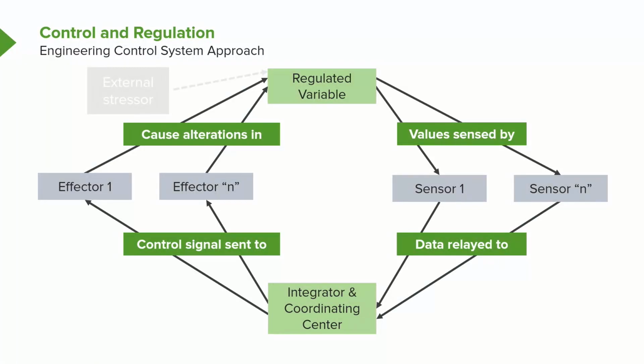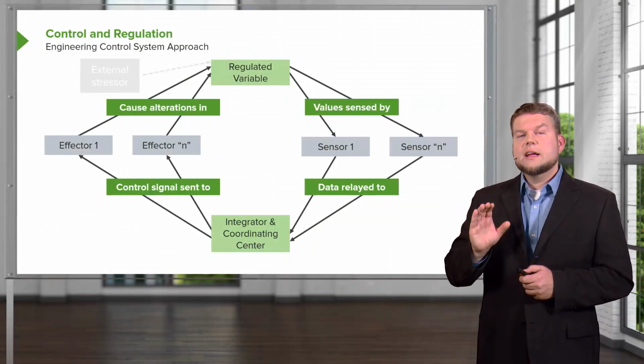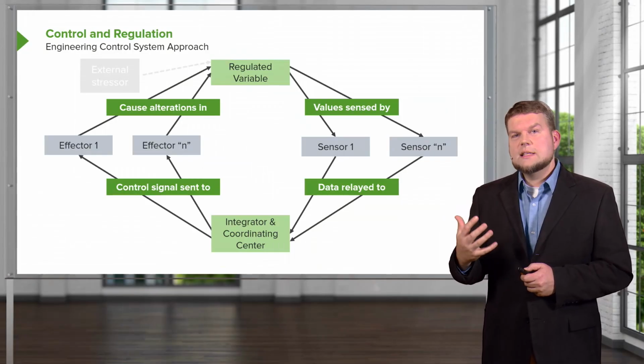So we have this four kind of pronged system where we have a regulated variable, sensors, an integrator and coordinating center, and effectors, all trying to do the various aspects of making sure our regulated variable is coordinated or regulated within a various range.